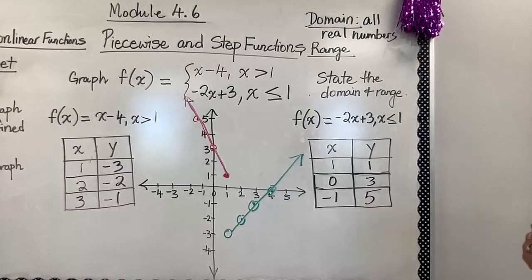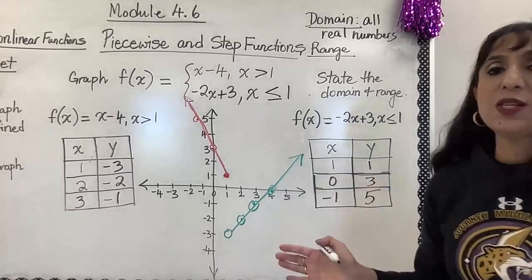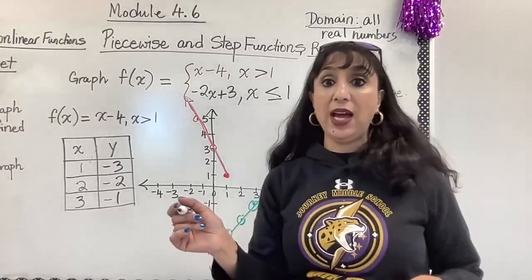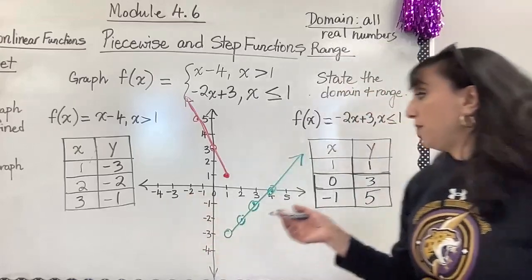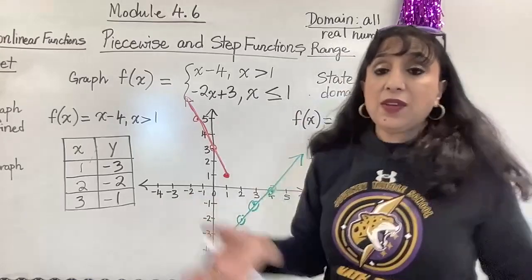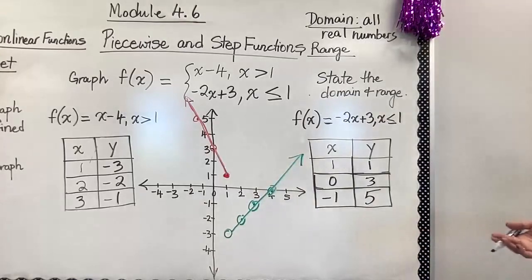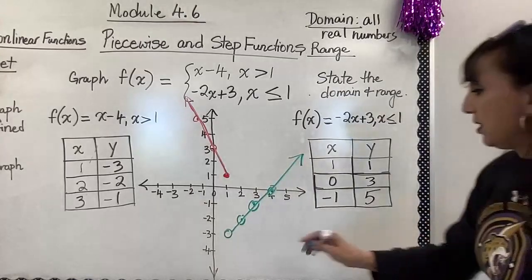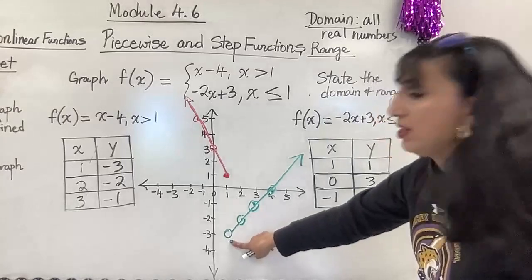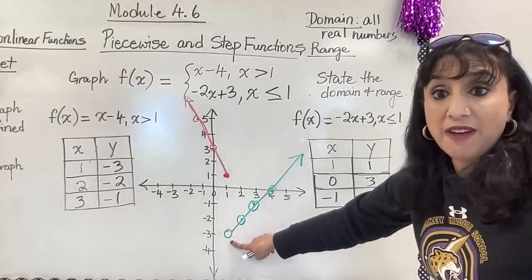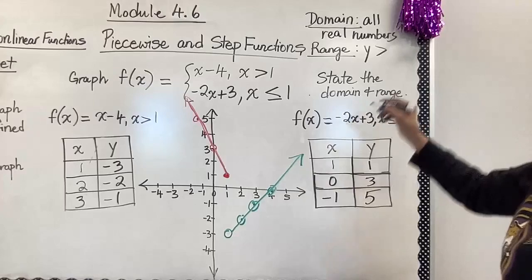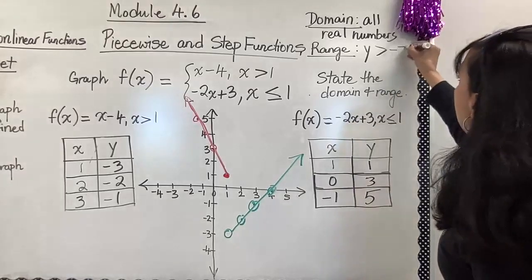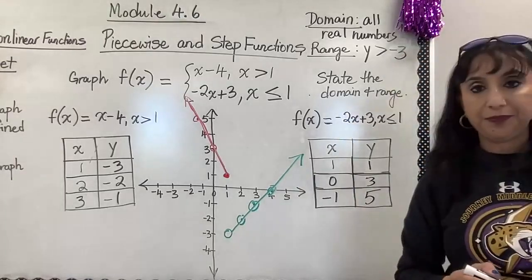If I'm looking over here, what is my lowest point on the graph? Because I know that from there on we are going upwards, right? I can see this is my lowest point and everything else is above that, right? So I can say range is y is greater than -3.